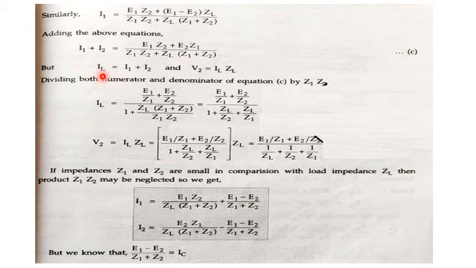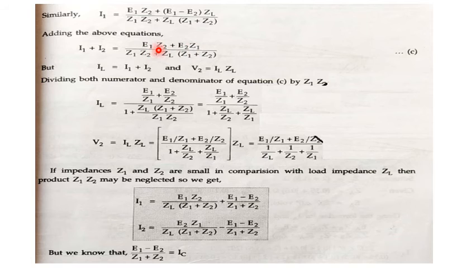But you know IL is equal to I1 plus I2 and V2 is equal to IL ZL. Now in place of I1 plus I2 you can substitute IL. Also, divide both numerator and denominator of the equation by Z1 Z2.